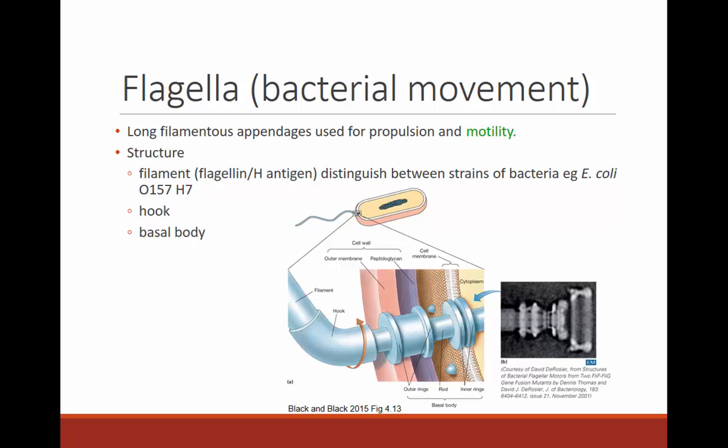Unless it's got endospores, and it will produce endospores. But if that cell has a flagella or a means of motility, then it can move from a hostile environment to a new environment. And that's where flagella come into their own, because they can move from one point to another point, typically with nutrients, but sometimes there are other reasons as well.